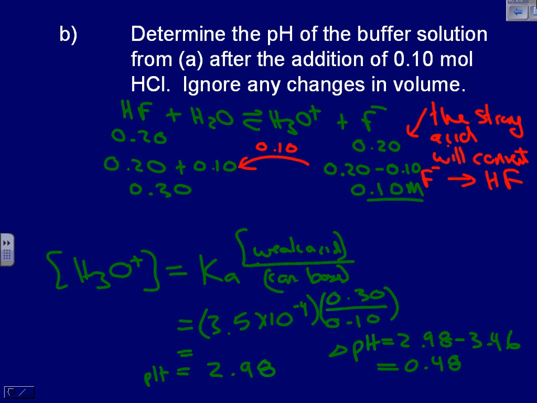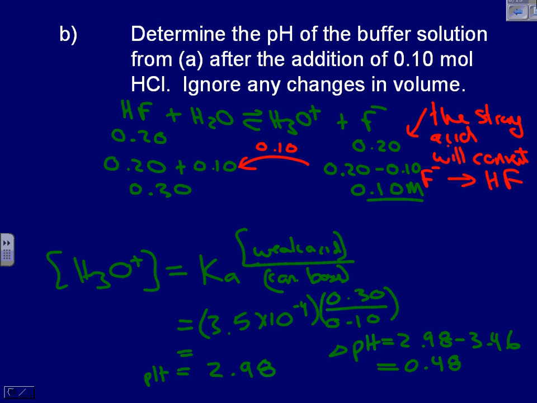I don't have room on the board right now, but I'm going to do it on the chalkboard. If I simply put HCl 0.1 molar right into pure water and it became all H3O plus and Cl minus, in other words, I had 0.10 H3O plus because it's strong, what's the pH of that? What's the negative log of 0.10? 1.